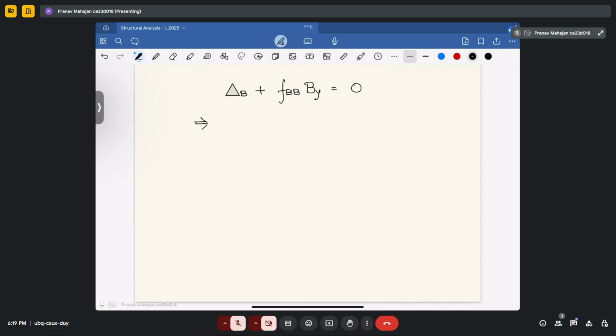Delta B you have calculated to be equal to ML square upon 8EI plus your FBB, it came out as L cube, not square, L cube upon 24 EI into BY.